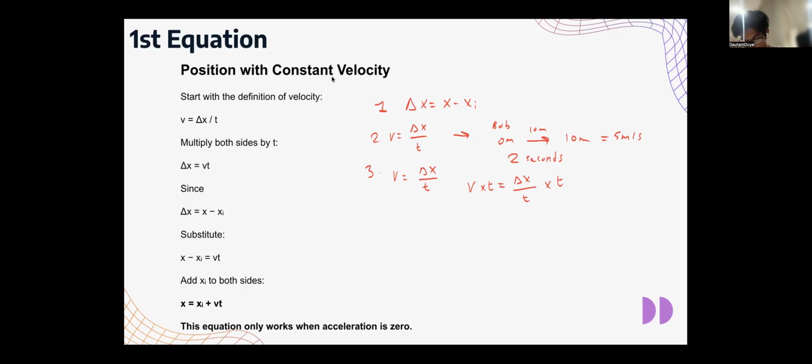I don't want you to get confused by the multiplication symbol, so I'm going to put a dot, which is also a way to signify multiplication. So we can clearly cancel out both t's here, leaving v times t equals delta x, right? Correct? Yes. Do you guys get step three?